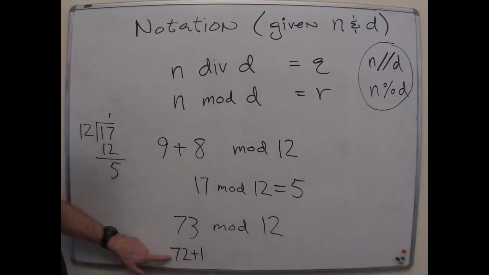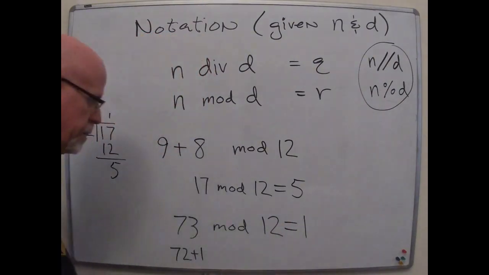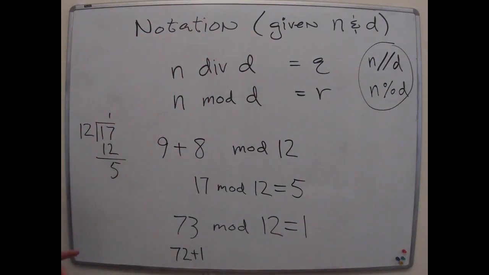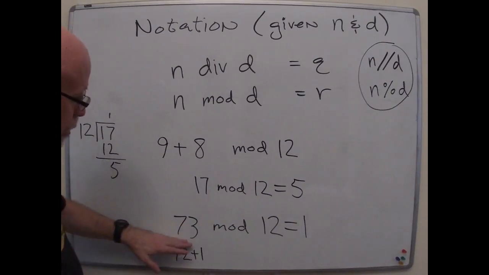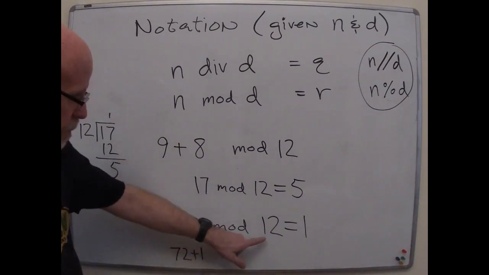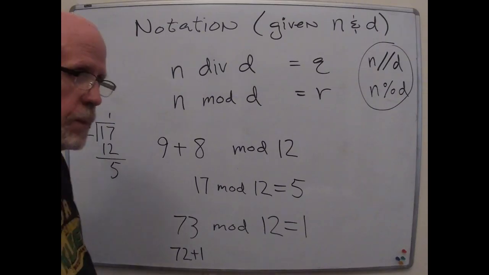So if I know a nearby multiple of 12, and I realize that I just have to go up 1 to get to it, I know what the remainder is. This is 1. And it turns out there's a lot of numerical tricks you can do that help with that. Spotting nearby multiples of the modulus, they call that, the D, is very useful.